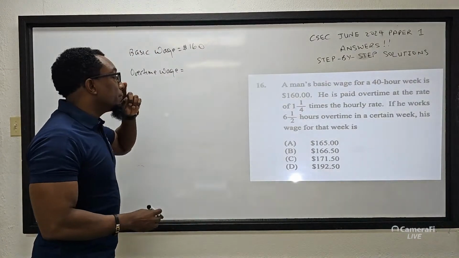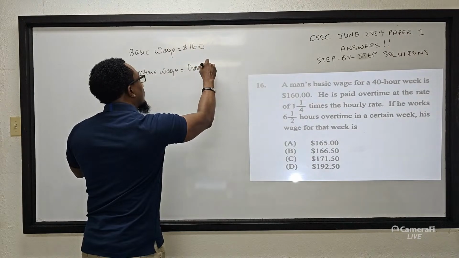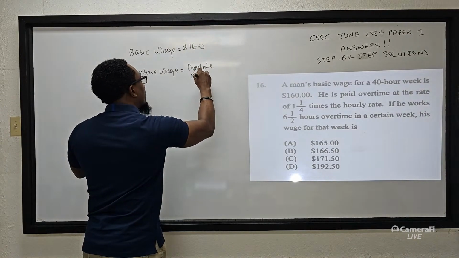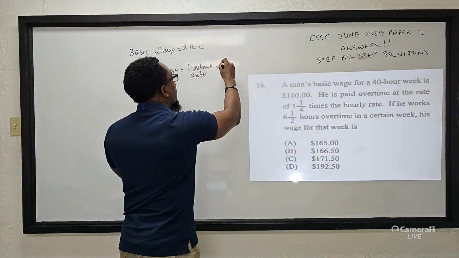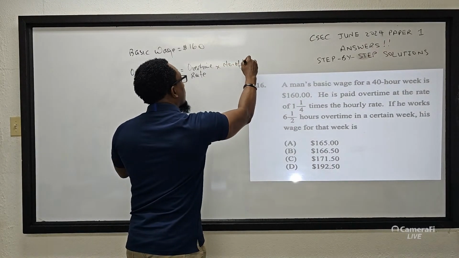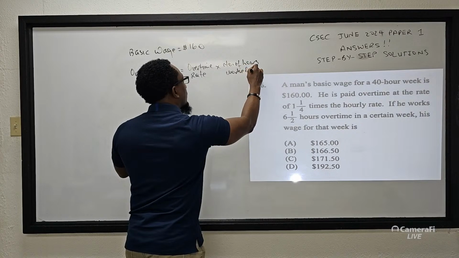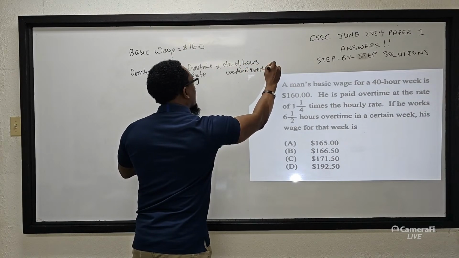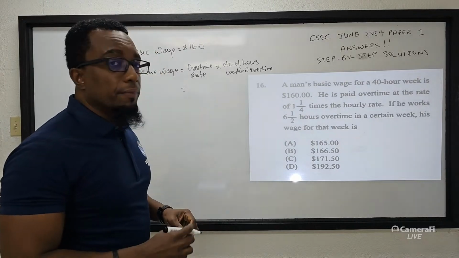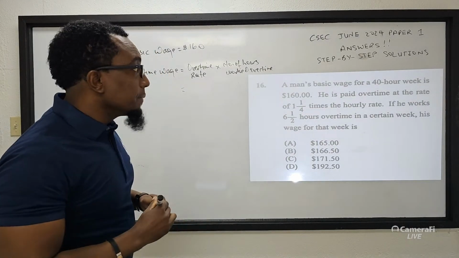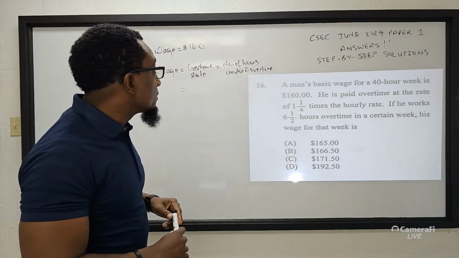So his overtime wage, of course, will be his overtime rate multiplied by the number of hours worked overtime. So how do we determine the overtime rate? To determine the overtime rate, we first need to find the basic rate.